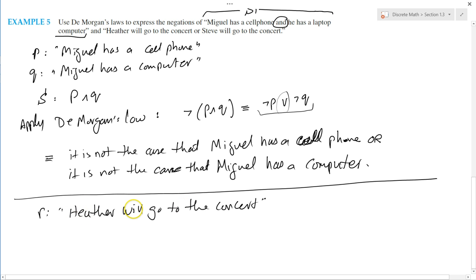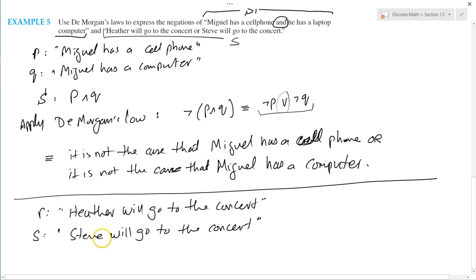Okay, and small s, of course, is going to be Steve will go to the concert. Let me call this statement capital S2, as statement number 2.